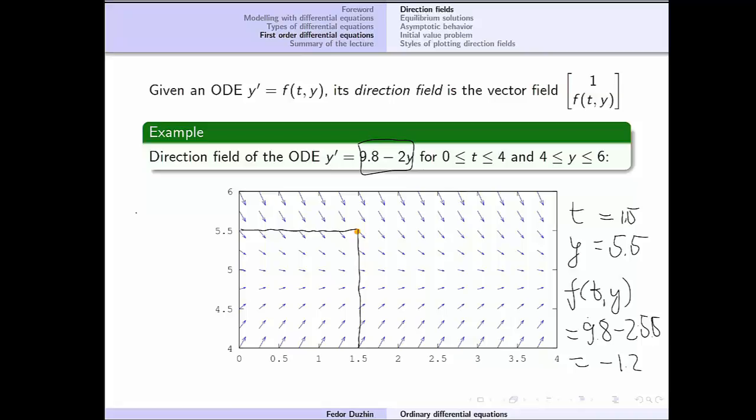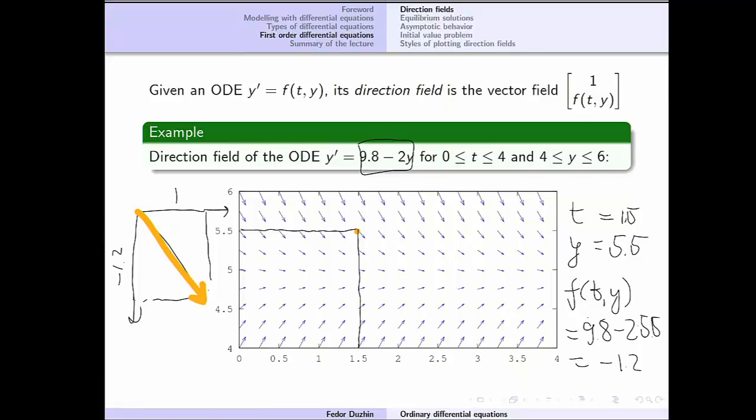So let me, it is something like this. This is 1.2, this is 1, and the vector looks like this. So the coordinates of this vector are 1 and minus 1.2, of course. That's why it points a little bit downwards.